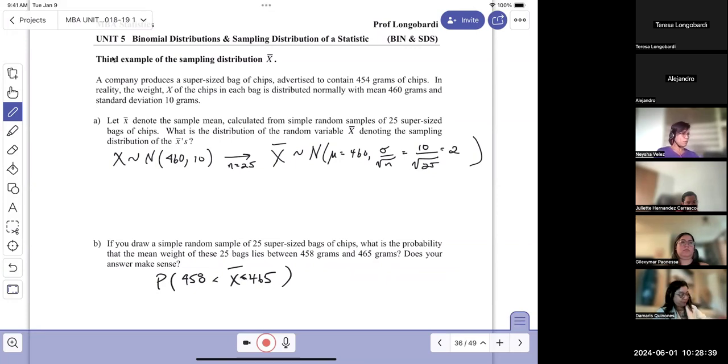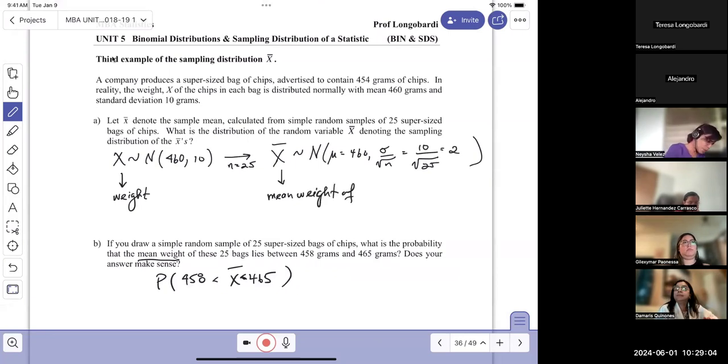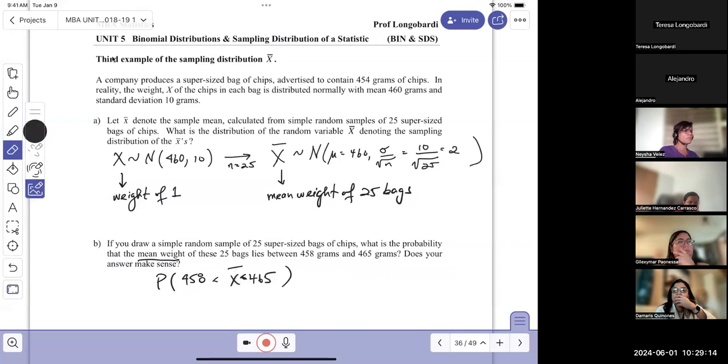I'm using x bar because it says mean weight. Okay, so this is a little bit different than what we were doing before with the normal distribution. I'm working with the mean weight. X is the weight of 1. X bar is the mean weight of 25. Let me write this a little clearer.